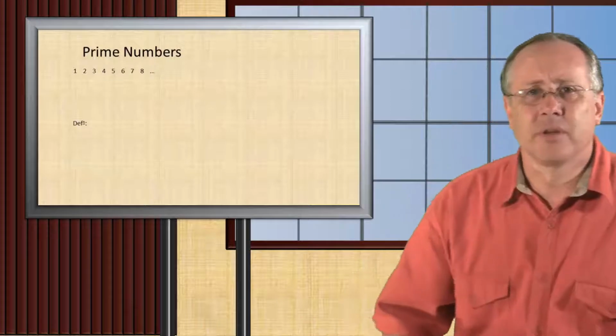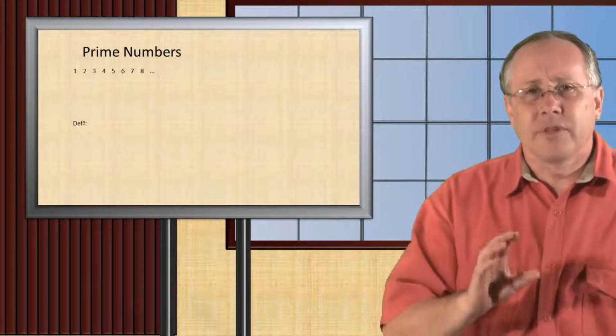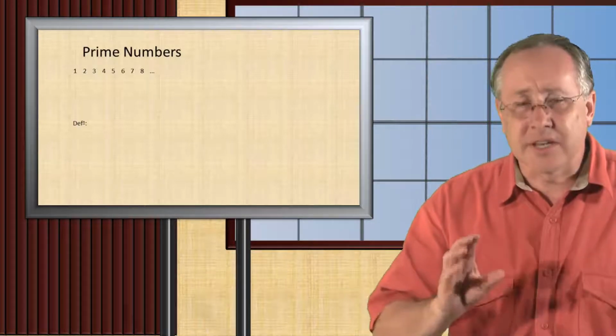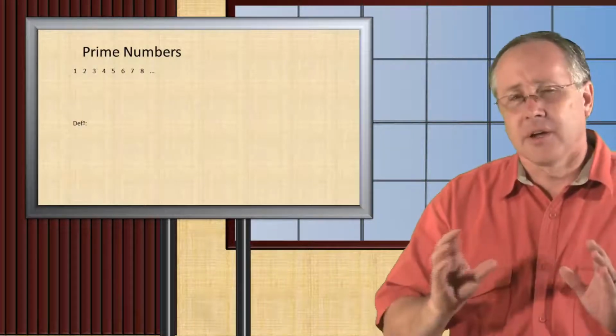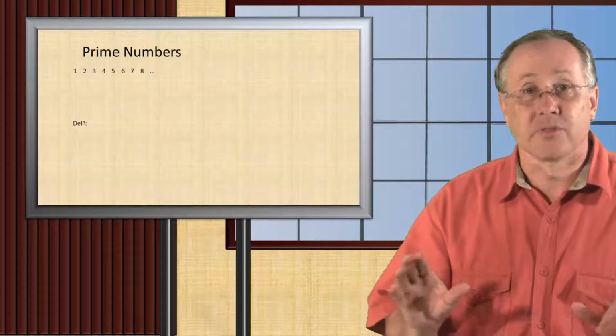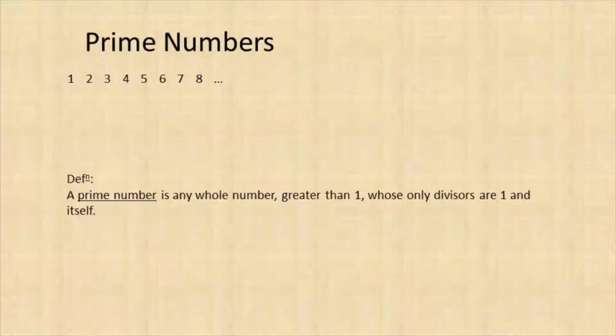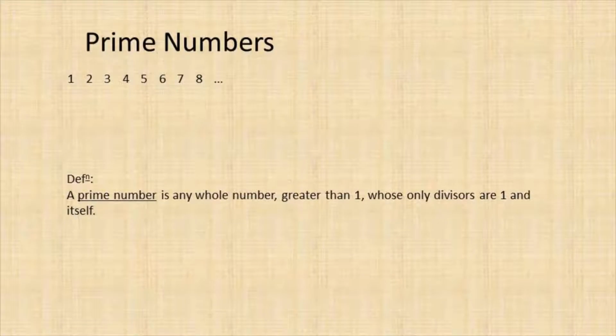Okay, so in the world of the definition here, a prime number is technically, and by the way, I realize that not a lot of people are going to get this right, and that's okay. A prime number is any whole number that's greater than 1, whose only divisors are 1 and itself.